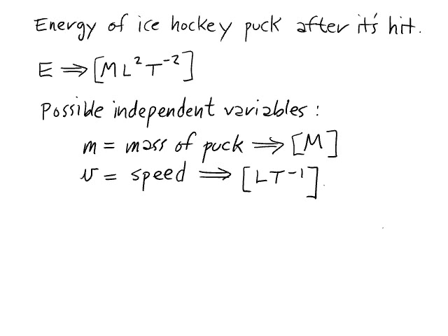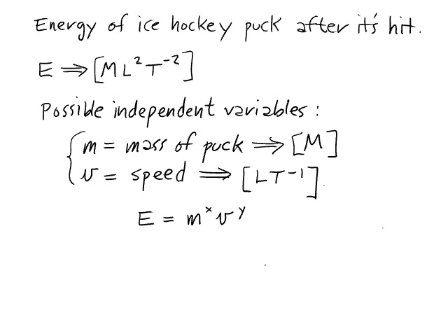And if it's coming towards me like a sideways slap shot, not being assisted by gravity, we could pretty much ignore the effects of gravity. So that might be just about it, so let's assume that's the case. Then I would write the energy of the hockey puck is equal to the mass of the puck to the power x times the speed of the puck to the power y.